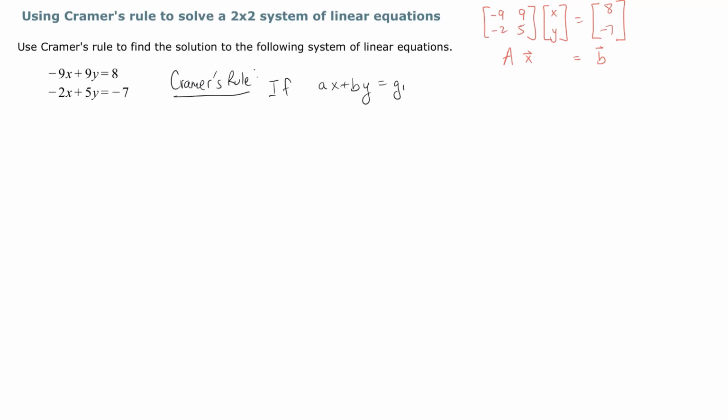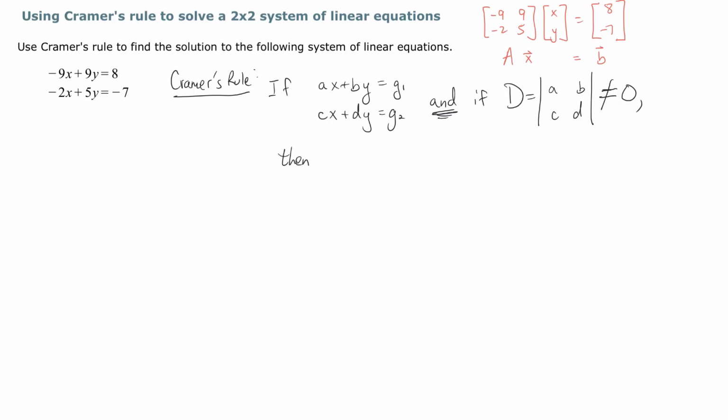And you have Cx plus dy is equal to g sub 2. And if, keyword is and, you need the determinant called D. D is going to be this: A, B, C, D is not equal to 0.